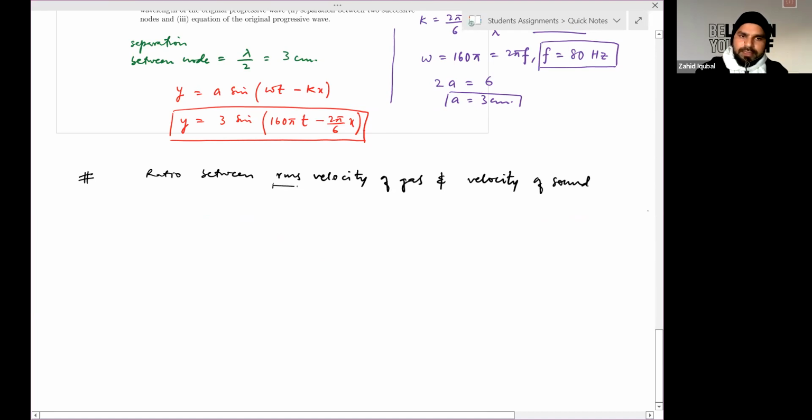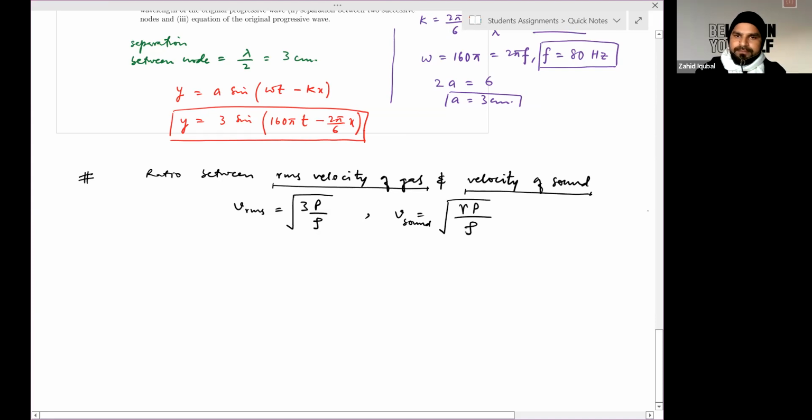We have calculated the RMS velocity of gas in the kinetic theory of gas. It was Vrms equals root under 3P by rho. Velocity of sound, according to Laplace correction, will be root under gamma times P divided by rho.